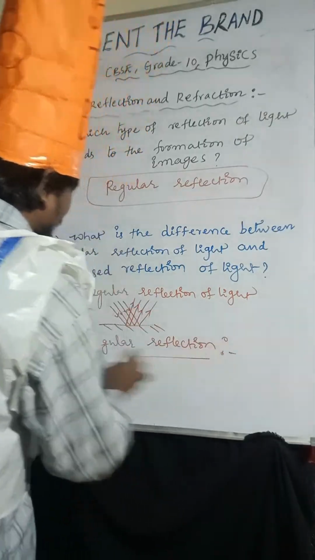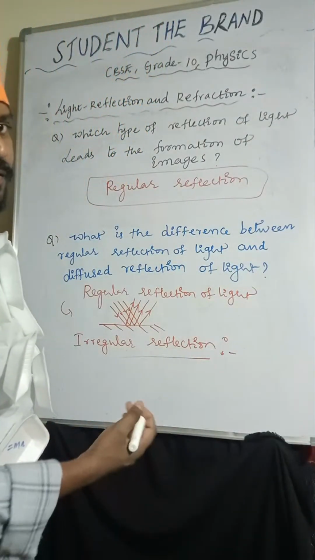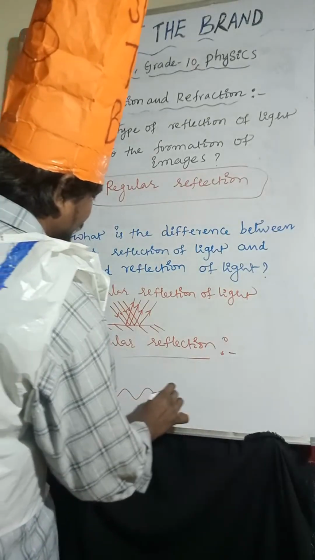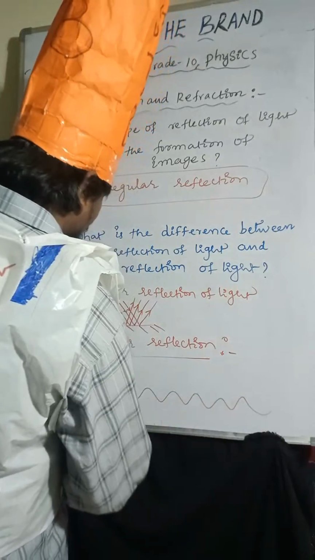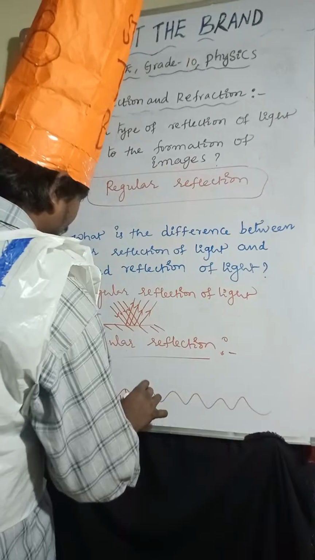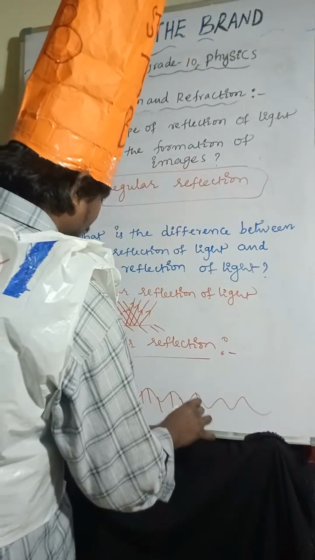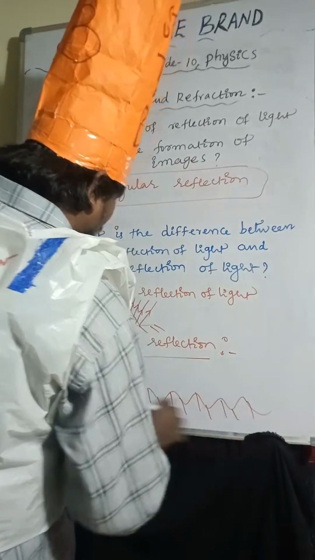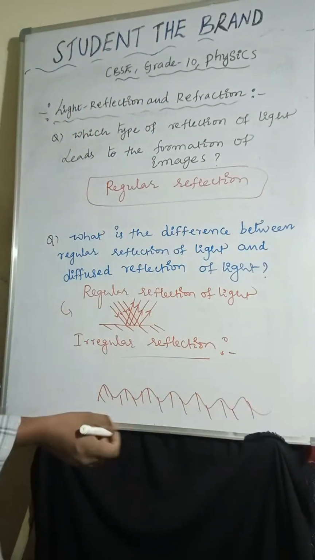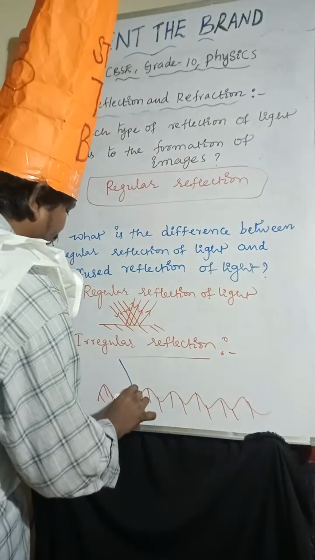Irregular reflection means the surface is not smooth, the surface is irregular. So here you can observe that the incident light rays are parallel but the reflected light rays are not parallel to each other.